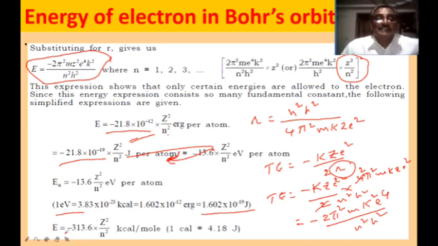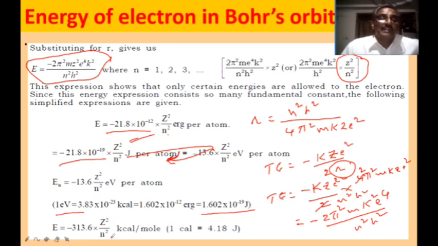This is the general equation for the energy of an electron in nth orbit for a single electron species. In the case of hydrogen, the value of Z is 1, and in the case of first orbit, the value of N is 1.